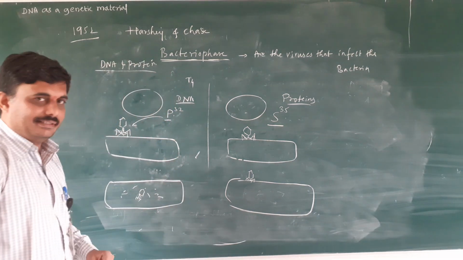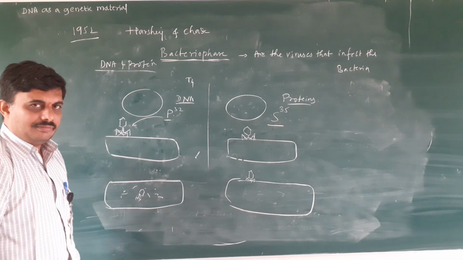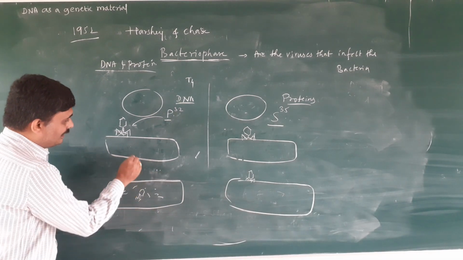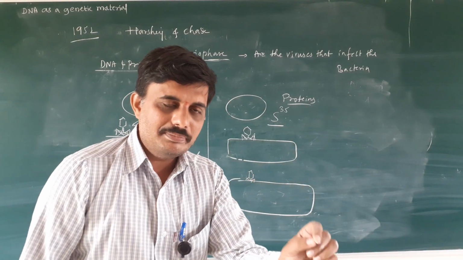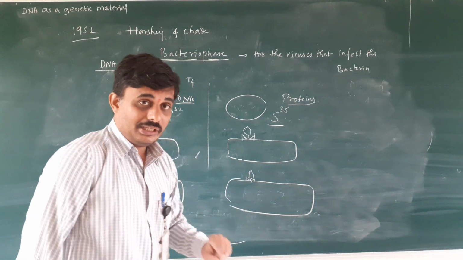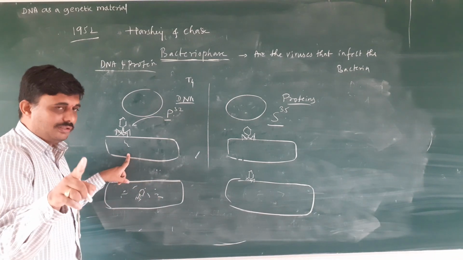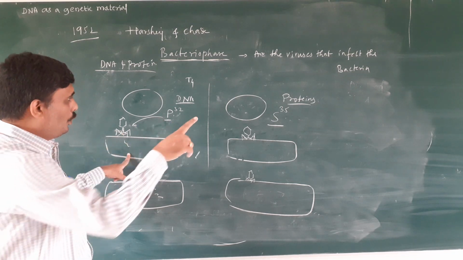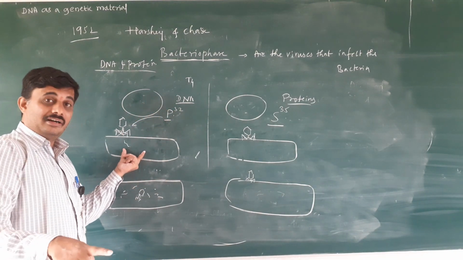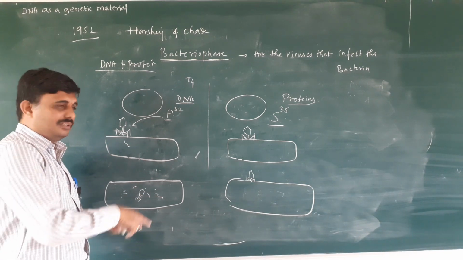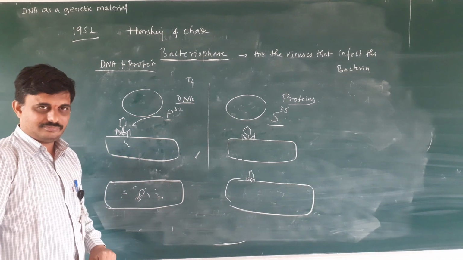This indicated that DNA is the genetic material which transfers into the cell. The radioactivity of the bacteriophage grown in phosphorus 32 shows inside the bacteria; the material which is passed into the bacteria is the DNA.